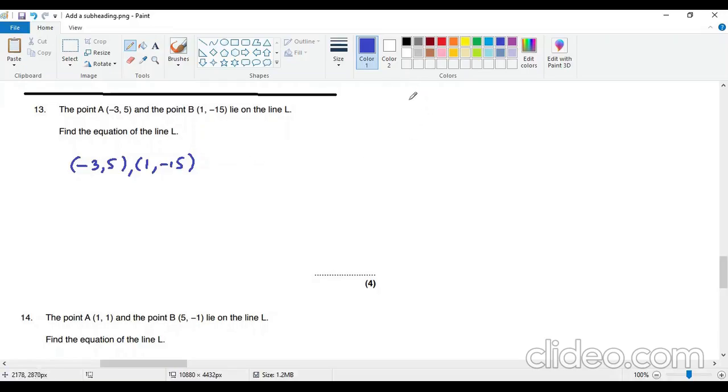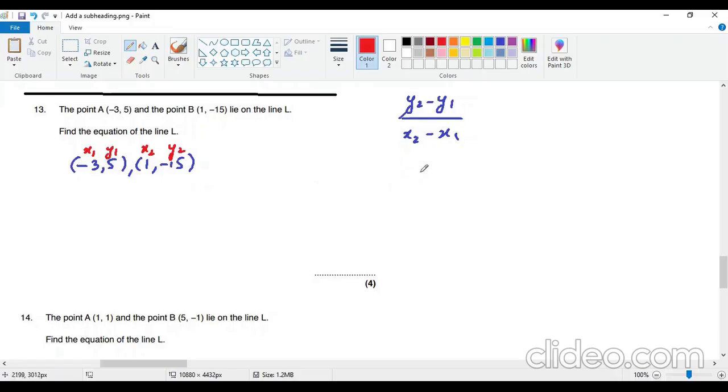The formula is y2 minus y1 divided by x2 minus x1. I consider (-3, 5) as the first point, so I will write x1 and y1, and this is x2 and y2.